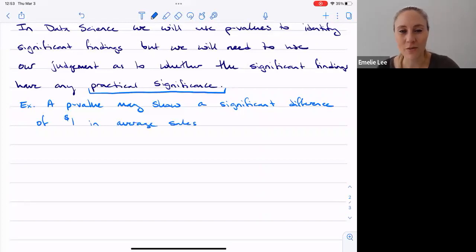But we have to factor in what it would cost, right? So the cost of implementing these changes to see that $1 change in average sales, and maybe that's too small. Maybe the changes would only be worthwhile if we saw a $10 change in average sales, right?